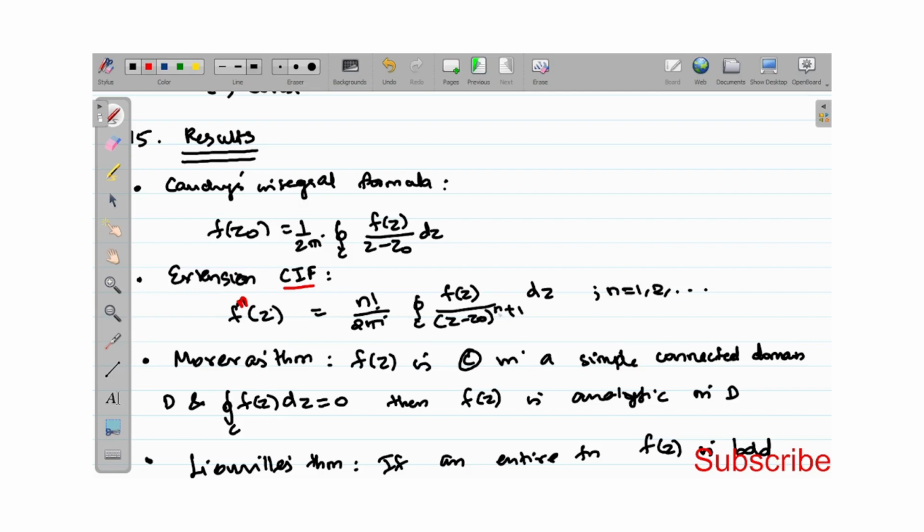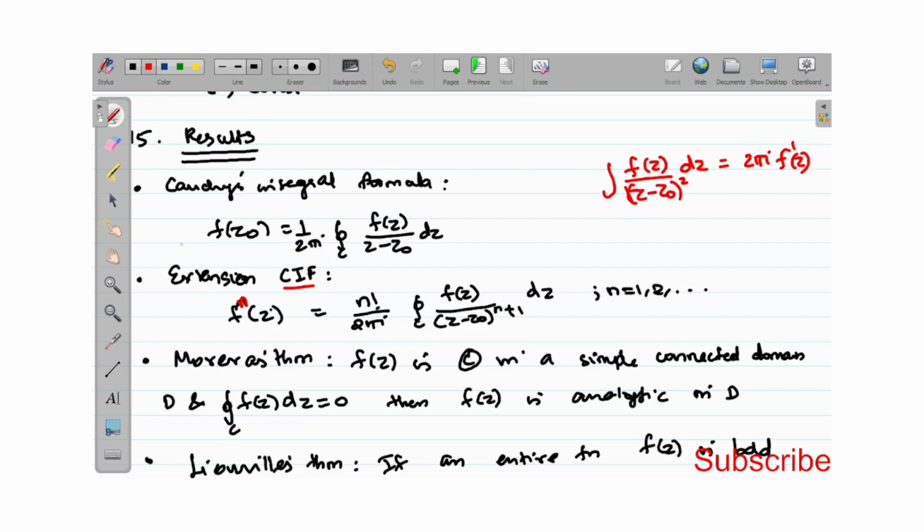If you substitute n = 1 here, we get the integral of f(z)/(z - z0)^2 dz, which is equal to 2 pi i/1! times f'(z0). In such a way we have to find it.